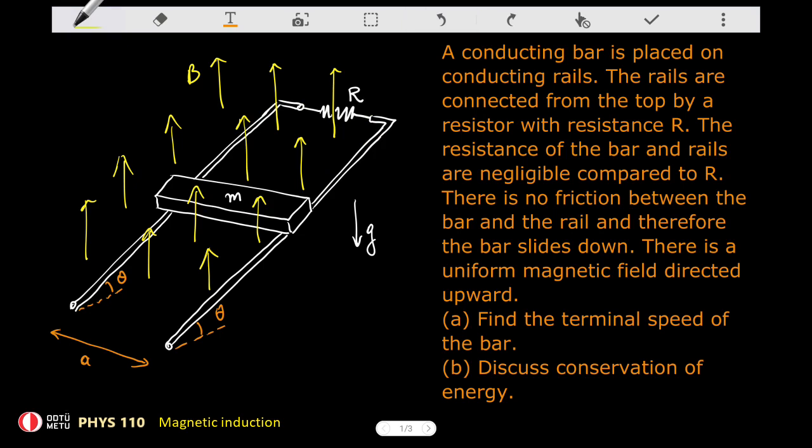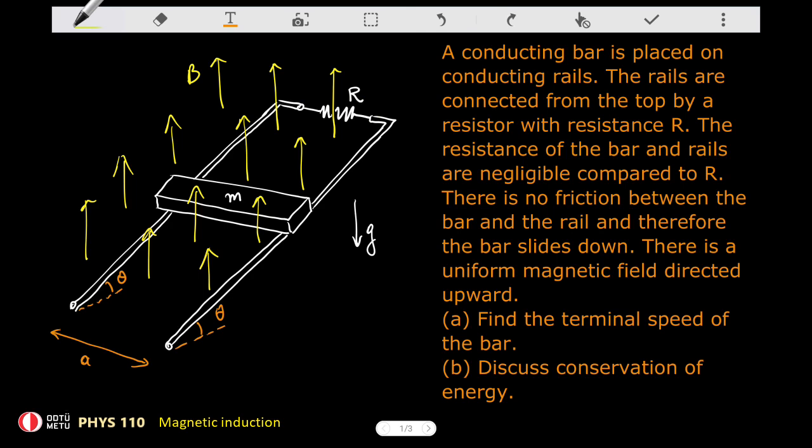Because otherwise the resistance of the circuit would be time dependent, since this length becomes longer each time this thing slides down, and that means that the amount of the current that passes over this circuit is going to change with time. That's kind of complicated and unnecessary. So therefore, I just placed the resistance at a single place in here. So as a result, at all times, the resistance of the circuit is R. It has the same value.